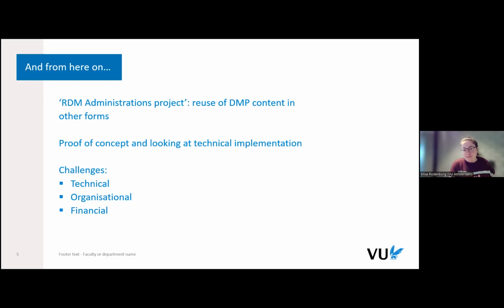The time that people can put in for this project is limited. And also we are going to need the support of all the university faculties to eventually get on board with this project and agree to have their ethical review forms in the tool that we end up choosing. And this will also be a bit of a challenge. That's obviously normal because they have to change the way that they are working, and that's a big ask.